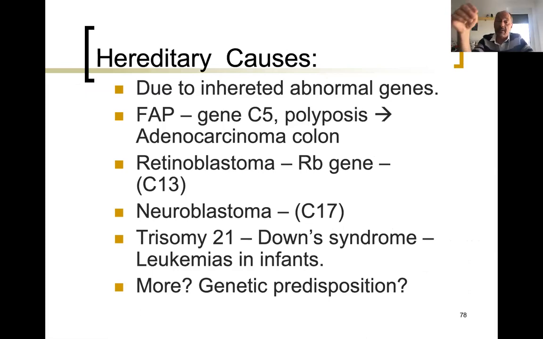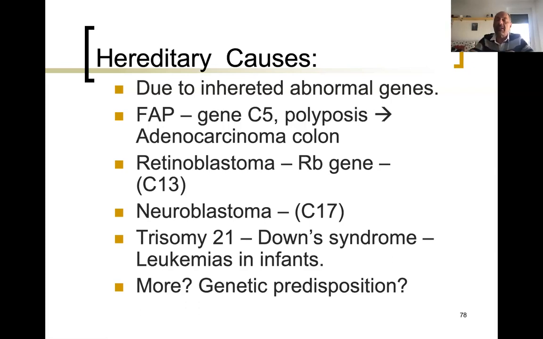So colon cancer: if you have FAP, if you have this mutation in the gene on chromosome 5, very easily you have colon cancer. Retinoblastoma is a rare tumor, certainly related to mutations in the retinoblastoma genes. It's a hereditary tumor. Neuroblastoma is also a very hereditary tumor.